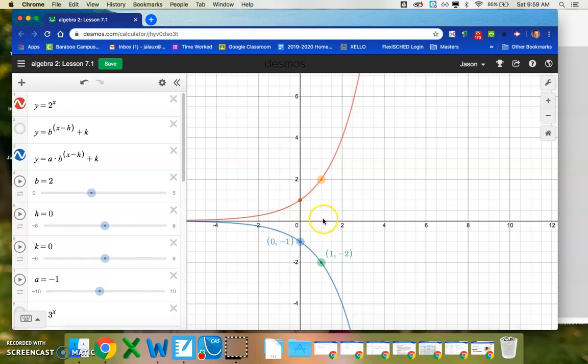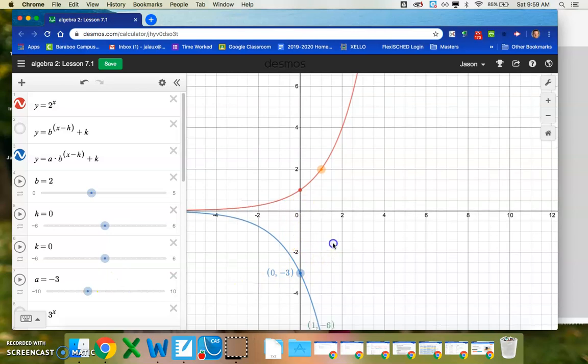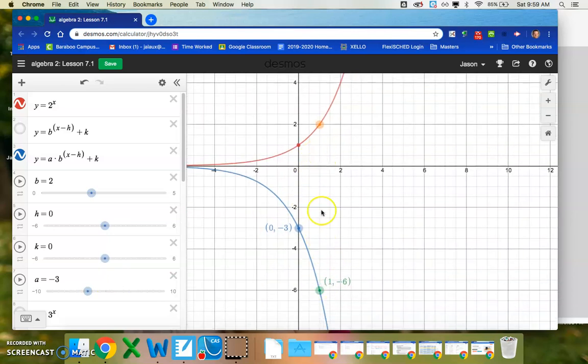Instead of going to the right 1, up 2, we now go to the right 1, down 2. So the negative just does a reflection over the x-axis, and then you take the absolute value of that a value to figure out how far away I am from the horizontal asymptote. So I'm 3 units away from the horizontal asymptote here. I'm 6 units away from the horizontal asymptote here because I tripled this distance away.